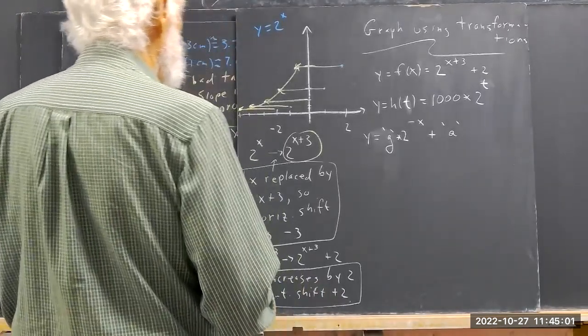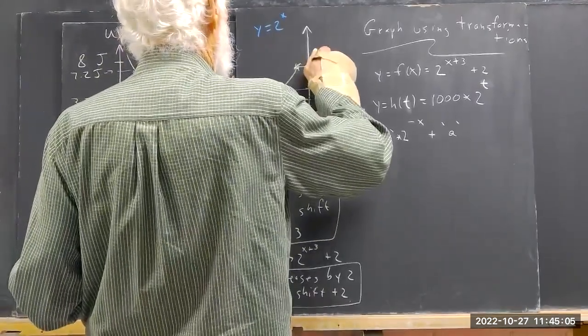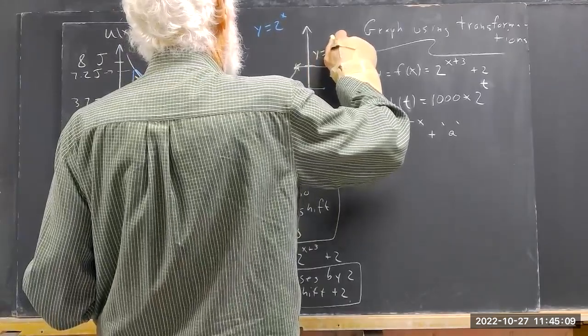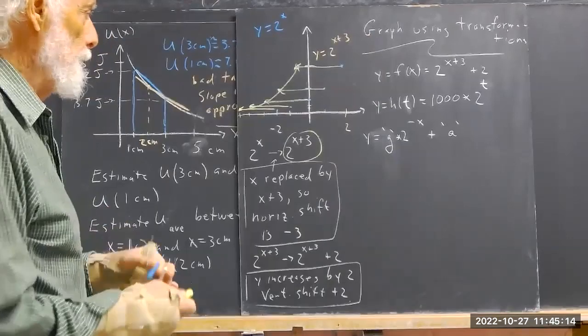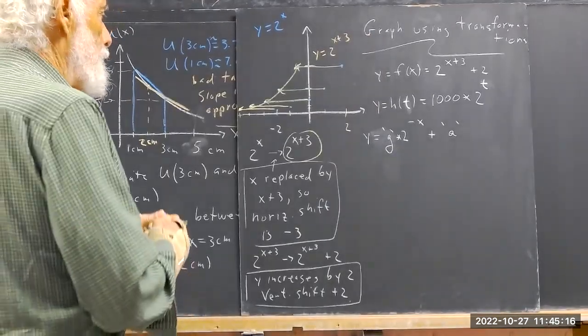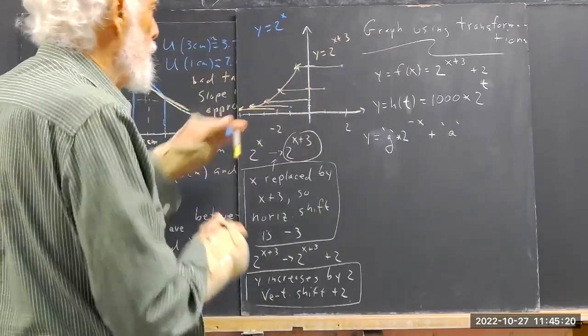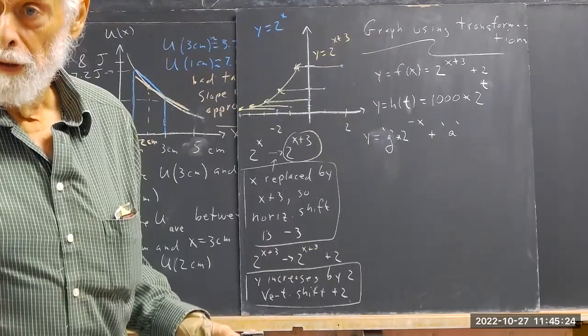Now here then is your graph of y equals 2 to the x plus 3. Now these points have been shifted over here. We don't even have a y-intercept. You have to do an extra calculation to do the y-intercept.